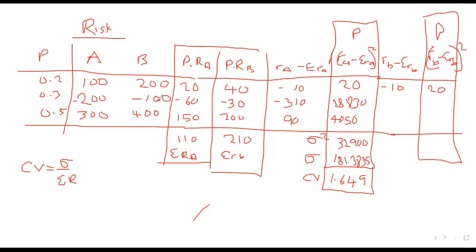Negative 100 minus 210, what do we get? Negative 310. 310 squared times 0.3, we get 28,830.